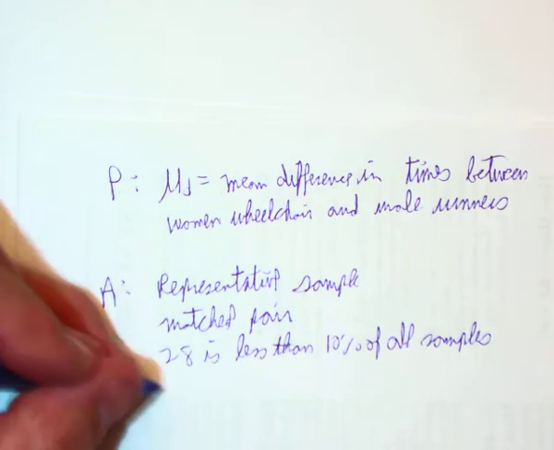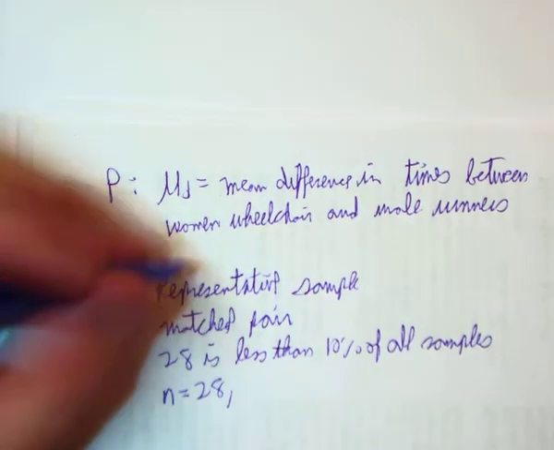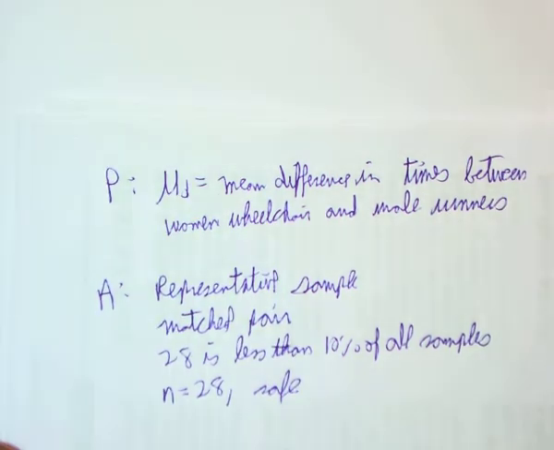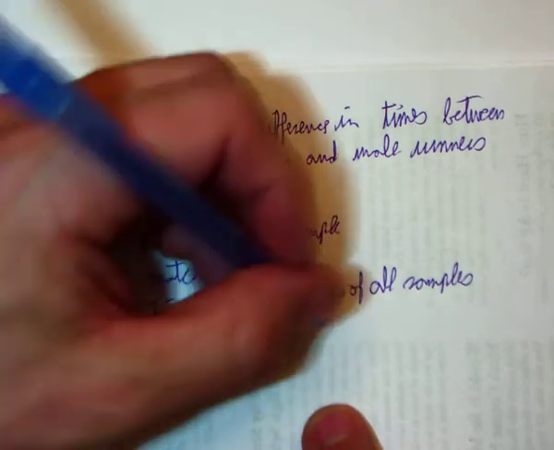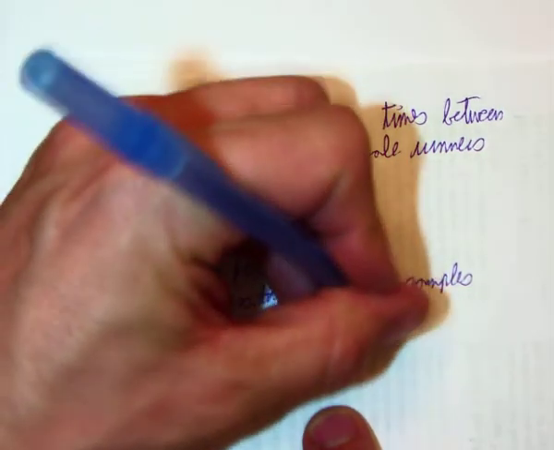And since n equals 28, we're going to say it's safe because it's not a single digit sample. I know it's not 40 or more, but it's a fairly large sample. So it's safe to proceed because of the central limit theorem.